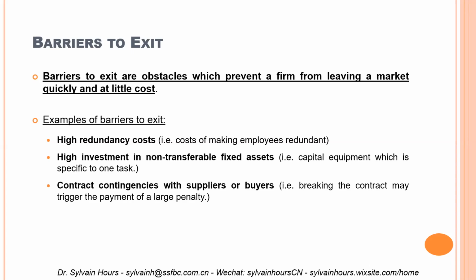And there might also be contract contingencies with suppliers or buyers. If you are a business and you have committed to purchase raw materials for a duration of 2 years, for example, and then you choose to break the contract after 1 year, same thing, just like you might have to compensate your employees if you break their contracts, you might also have to compensate your suppliers or even your buyers if you break or terminate a contract that you had with them beforehand.